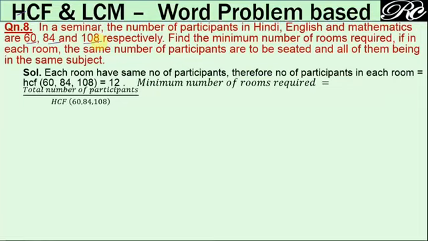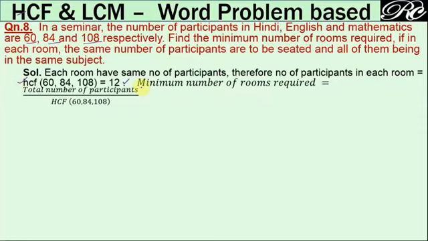Now we have to distribute them into the rooms so that each room contains the same number of participants of the same subject. Therefore the number of participants in each room will be the HCF of 60, 84 and 108. This will come as 12.